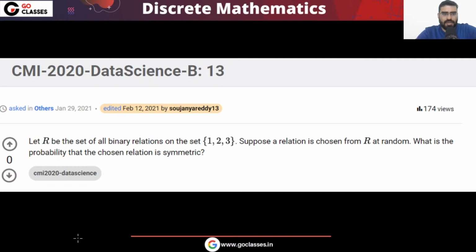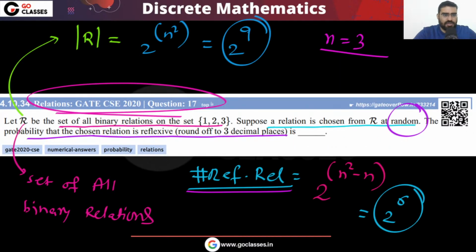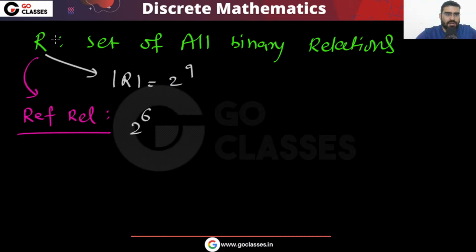Hi everyone. So yeah, we were discussing this GATE 2020 question. Look at this relation R. This is the set of all binary relations. In this R, you have all the binary relations. The cardinality of R is 2 power 9, and the number of reflexive relations in this R is 2 power 6.